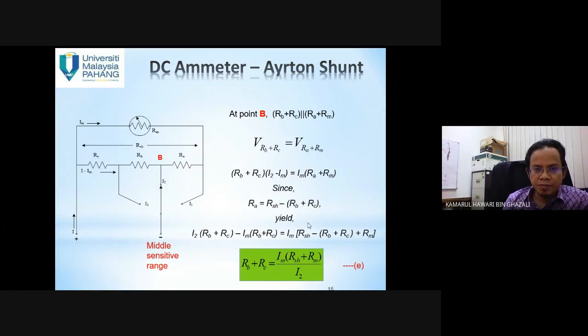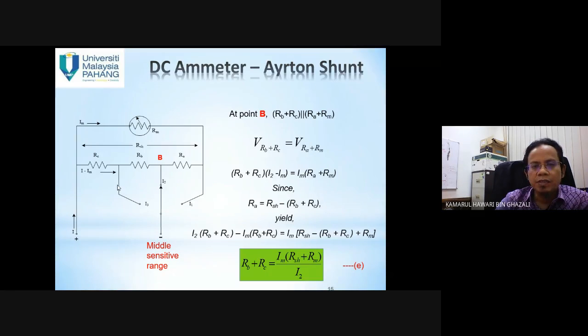So at point B, by using the equation of RB plus RC, where RB plus RC is parallel to RA plus Rm at point B. So this is the middle sensitive range at point B. So V across RB plus RC equals V across RA plus Rm, right?